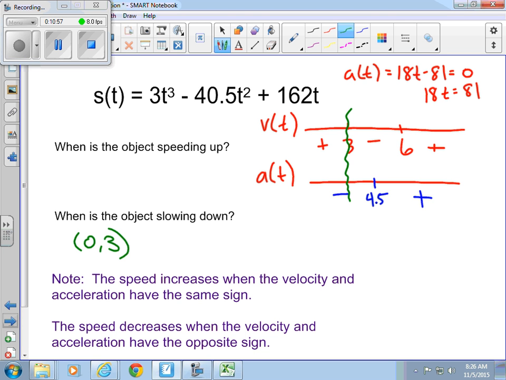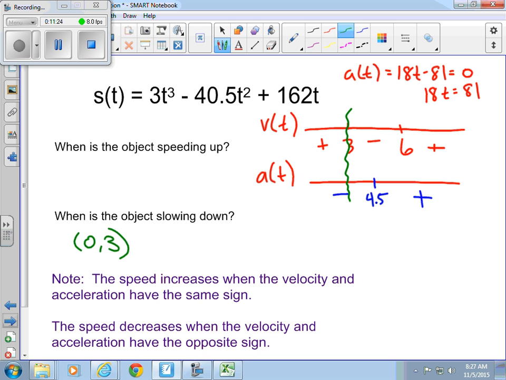We're getting closer to the x-axis. And I want it to be slowing down, so I want the velocity to be getting closer to 0. So that's different. If I'm positive, getting closer to 0 is decreasing. But if I'm negative, getting closer to the x-axis is actually increasing. Does that make sense? Which is weird.